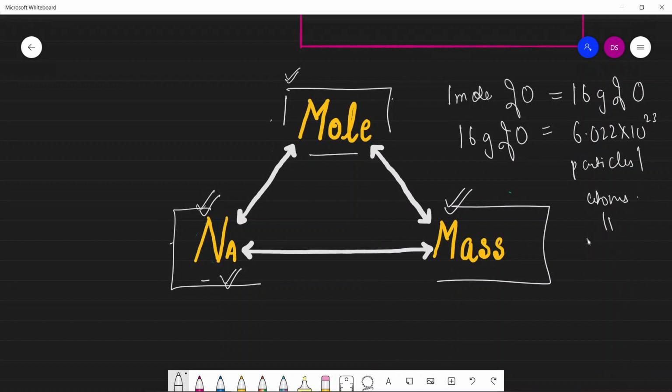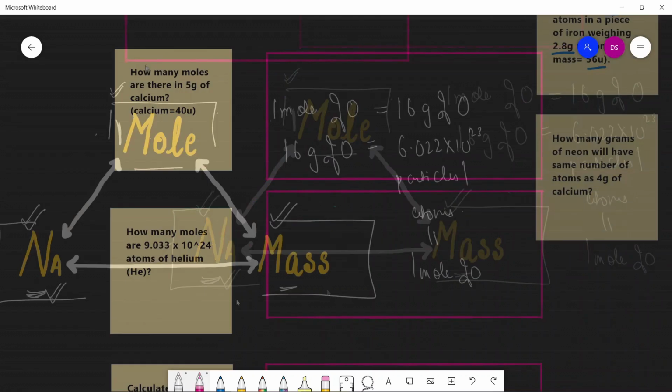Which means we have 1 mole of oxygen. So 1 mole of any particular substance is going to have Avogadro number of particles and is going to have the gram atomic or the gram molecular mass. Alright? Now this will become more clear when we discuss the numericals.